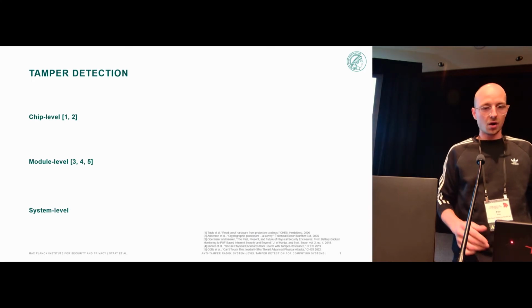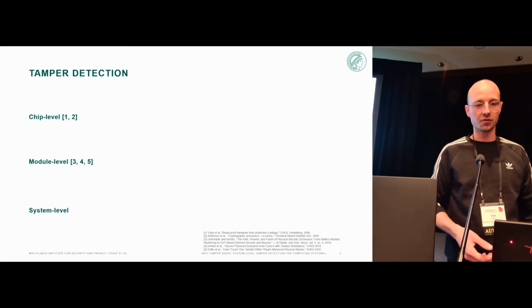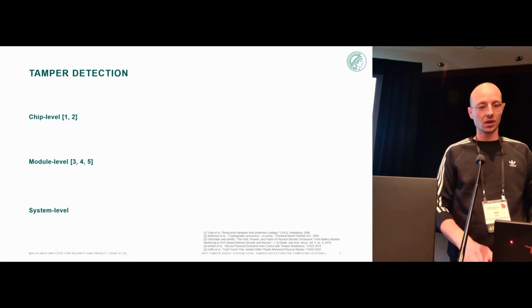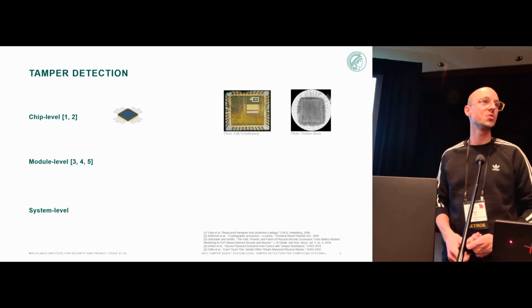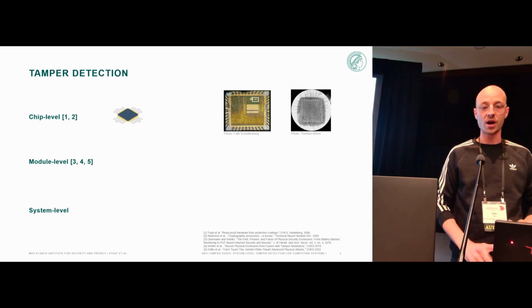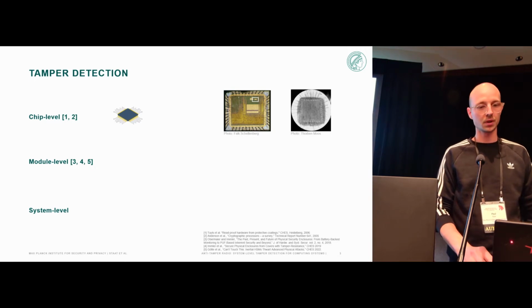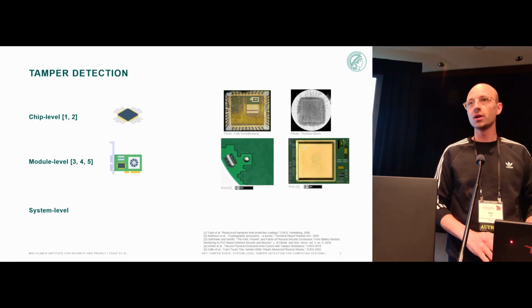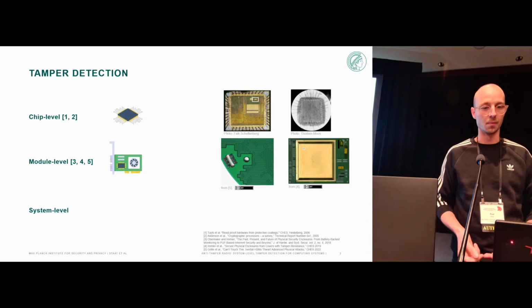There are already various tamper detection mechanisms which have different protection scopes. On the chip level, we have seen capacitive coatings on the IC surface or wire meshes on silicon to prevent microprobing. On the module level, entire PCBs, such as PCI Express cards, are protected.